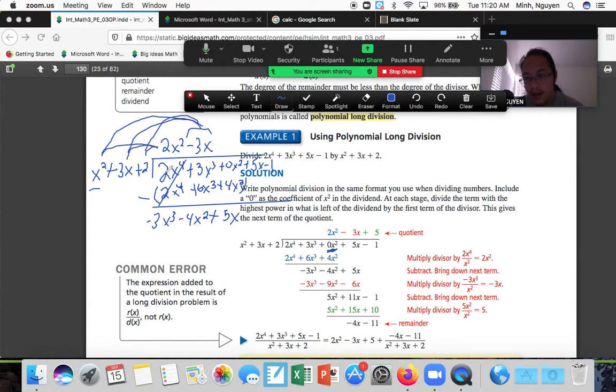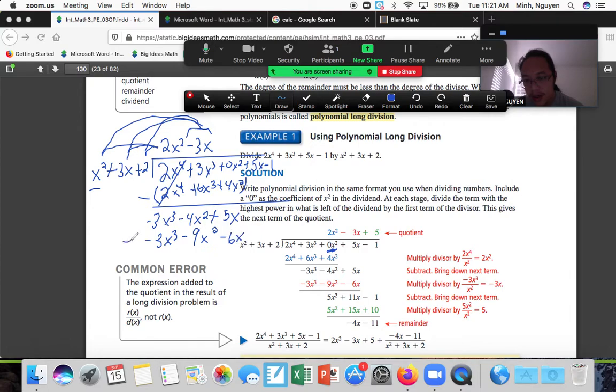So negative 3x times x squared is negative 3x cubed. Negative 3x times 3x is negative 9x squared. Negative 3x times 2 is negative 6x.